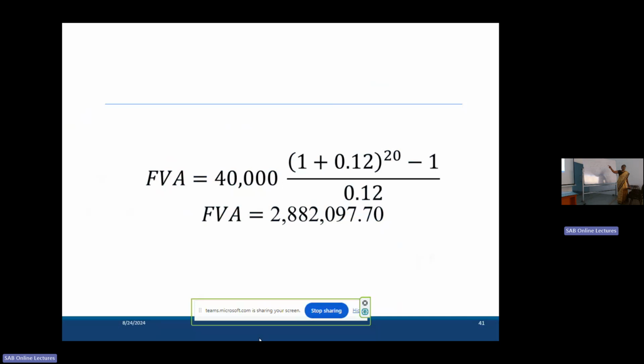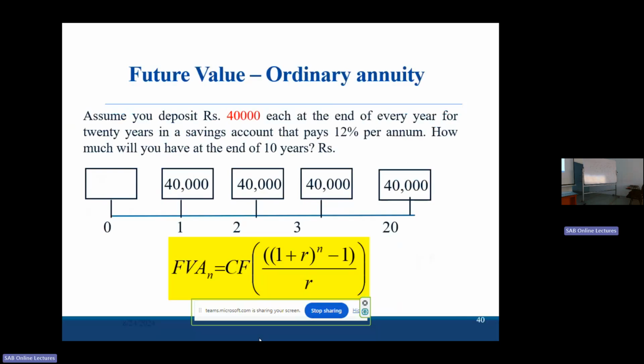Now, this one is at the end of 20 years. This one also you can check later. Suppose here, with this 12% interest per annum, you deposit 40,000 monthly.